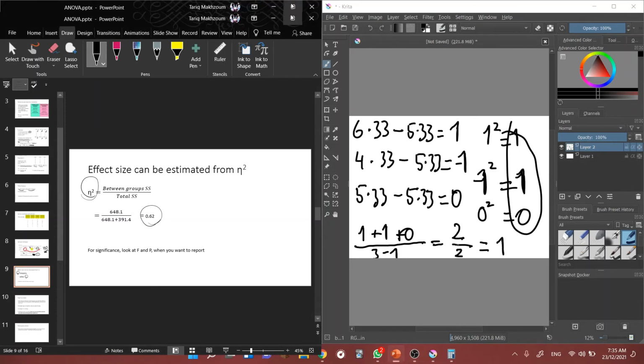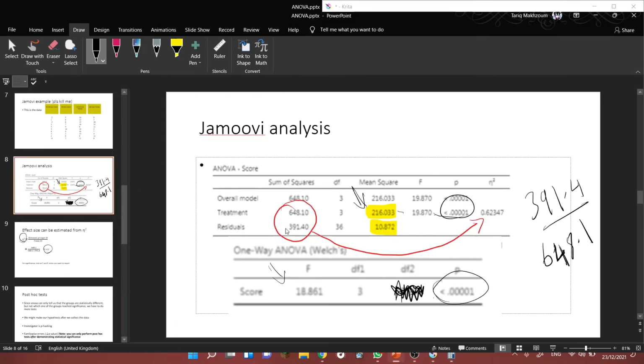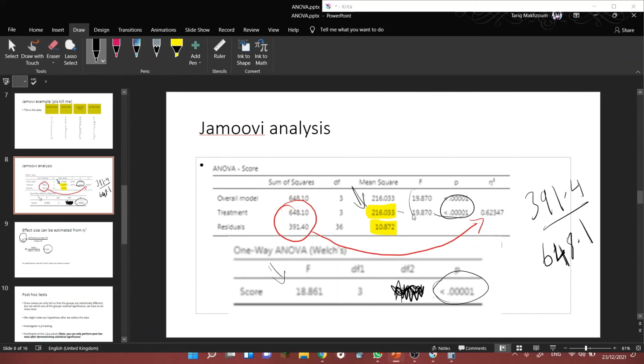Alright, so just to recap, our eta squared, which is our effect size, is you're taking the sum of squares for the residuals and you're dividing it by the total sum of squares, which is going to be 0.62. And if you want significance, you look at F and you look at P. Okay?